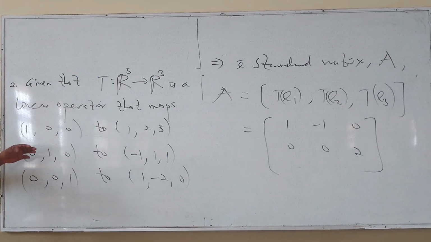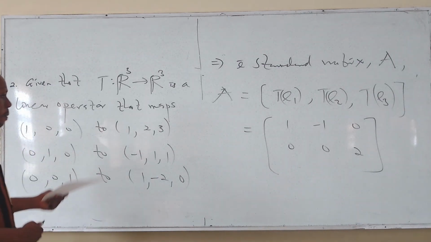Look at the left hand side: these are U1, U2, U3.